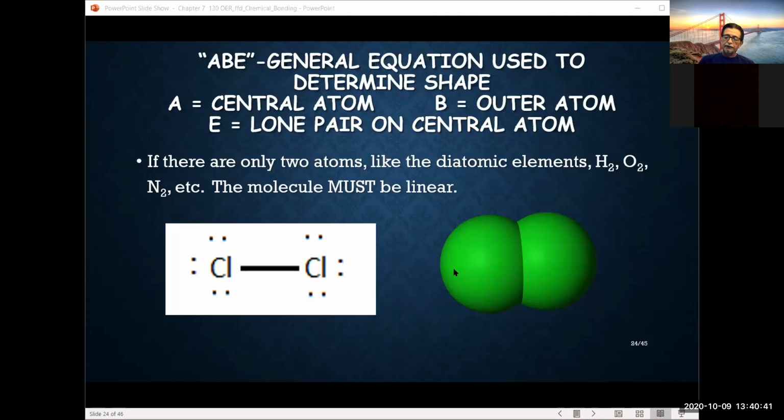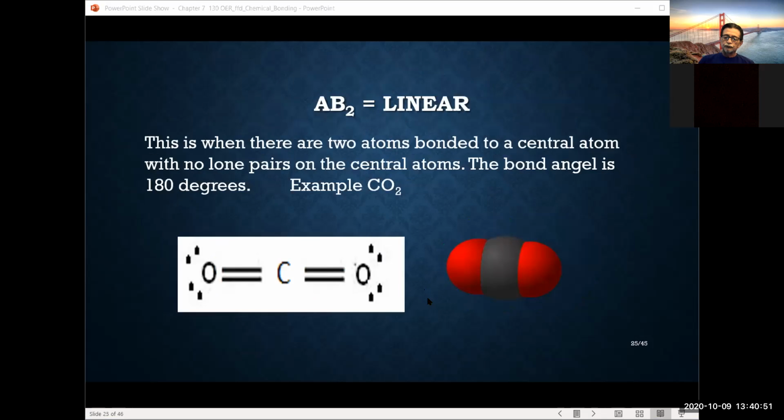So all the diatomic ones, the CN, the cyanide, whenever you have two atoms, that's it, you have a linear configuration, okay? Now, AB, which could be just two atoms, or the AB2 shape, is also linear. The example we had earlier was carbon dioxide, okay? It's an AB2, so AB and AB2 are linear.